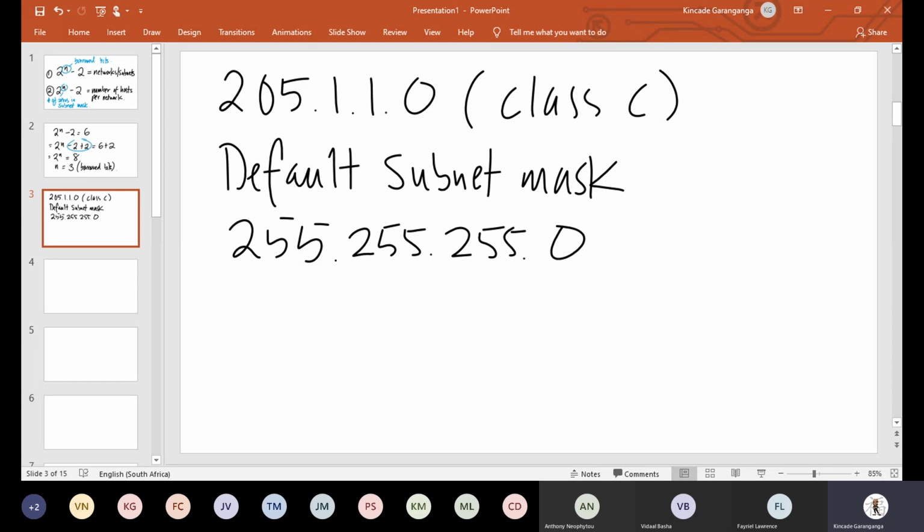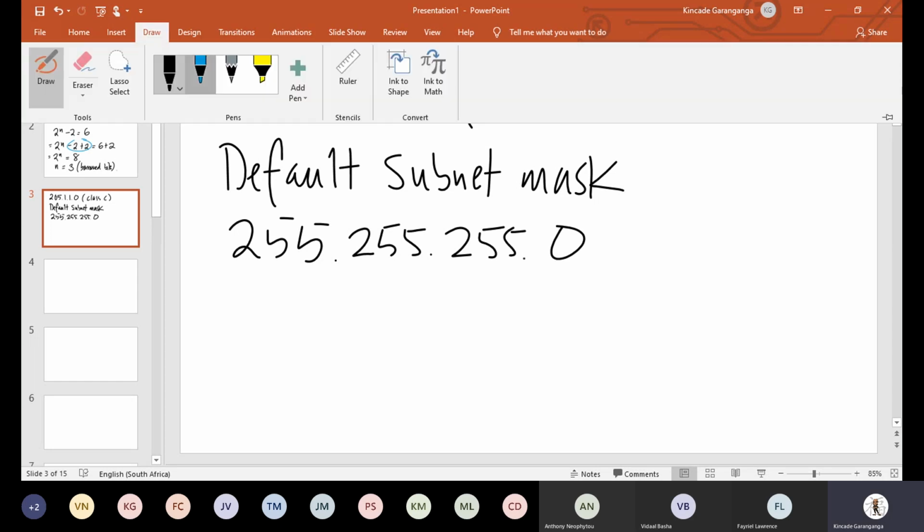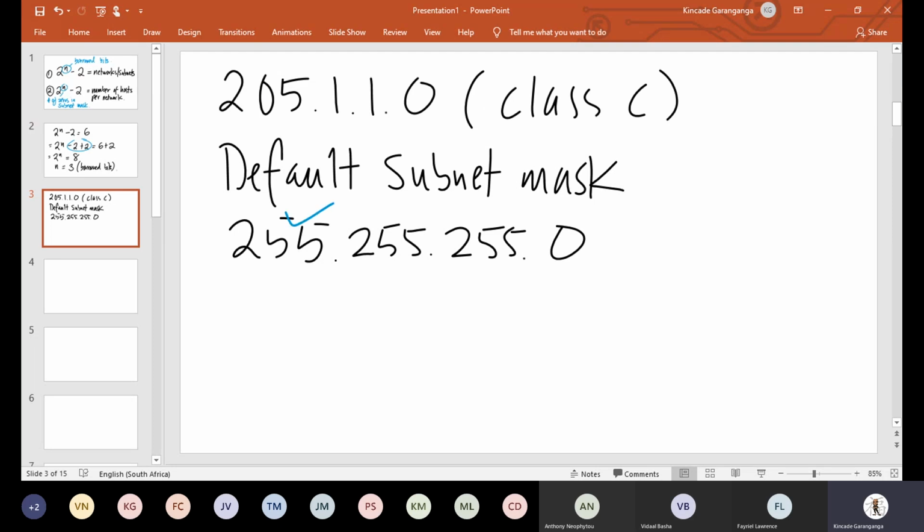This is the mask that we want to then panel beat or reconfigure in order for us to have the 6 distinctive subnets that we mentioned a couple of moments back. So without even converting it into binary, if you look at the first position associated with this, we cannot change anything here because that's already maxed out at 255.